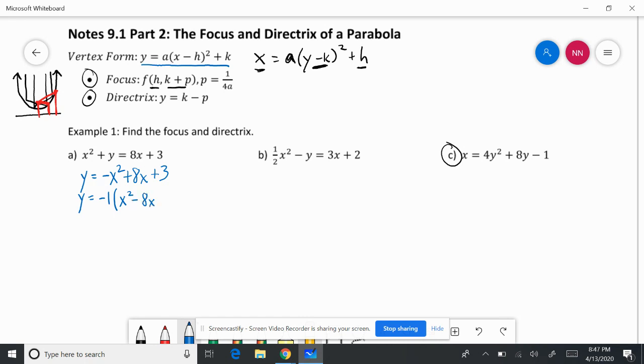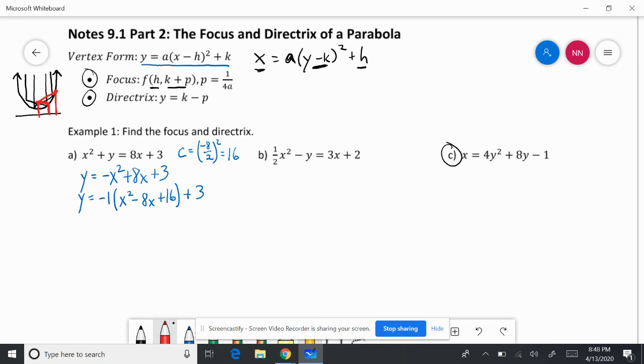Next I'm going to find my new c value. If you remember, we take our b value divided by 2, and we square it. Negative 8 divided by 2 is negative 4. Squared is 16. So I'm going to add 16. Then I have my plus 3.